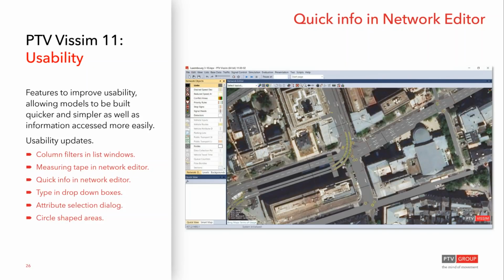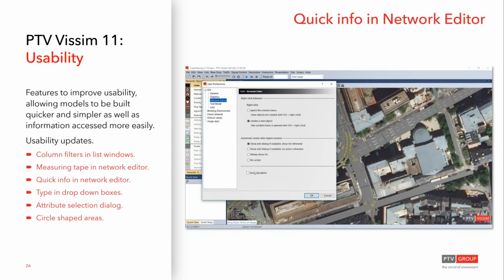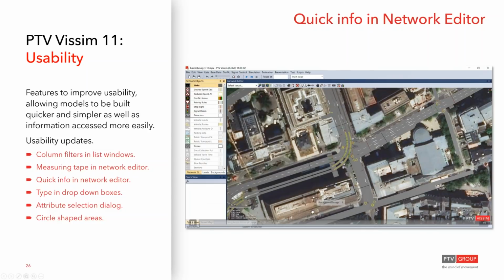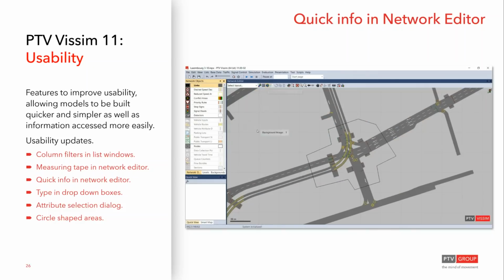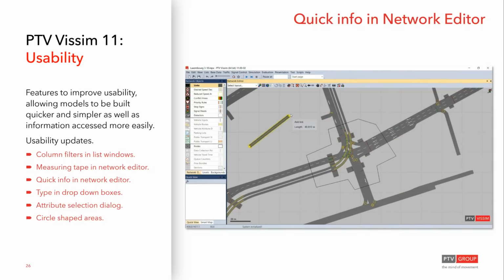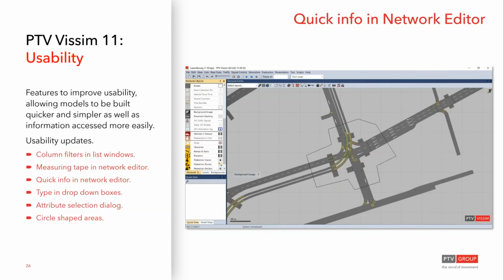The other feature is the quick info. It can be activated in the user preferences, network editor. By default, it's switched on. And if you hover through your network, you see on the lower right of your mouse cursor some information, like which network object it is, what the network object number is, or even, when you create or edit, you get additional information as you've just seen with the link length.